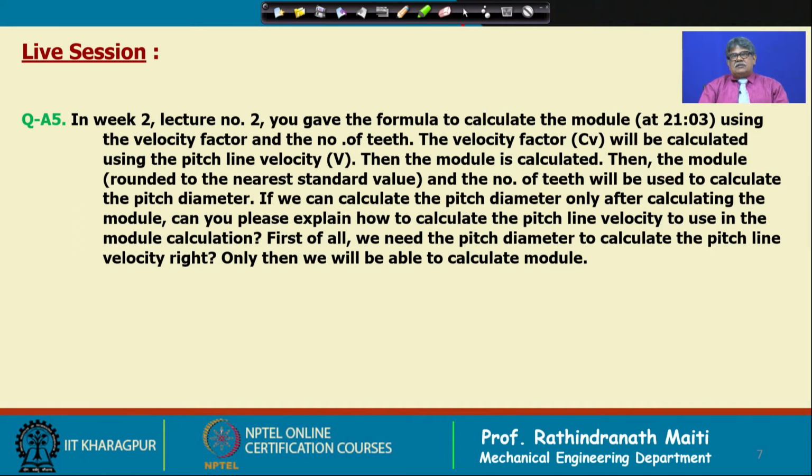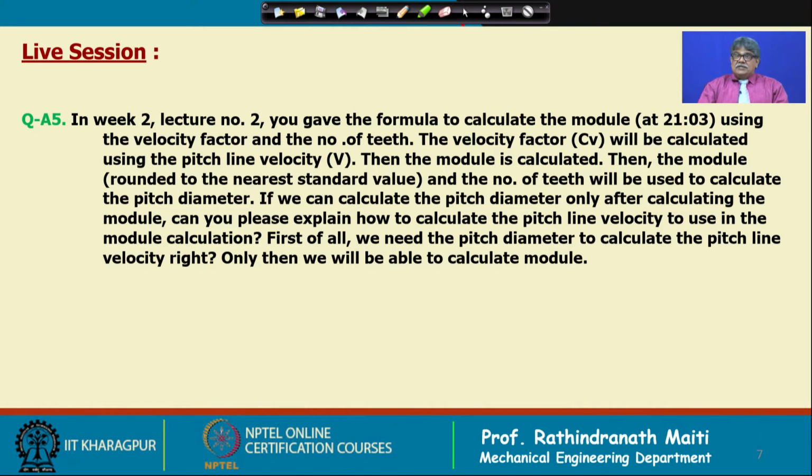Width factor you are selecting, many things you are selecting. So, the CV factor usually is assumed at the beginning, you can even start with a CV factor of 1, then after the first calculation you will get some diameter, with that you calculate the CV factor and put it in again, and you will find that the module has changed.